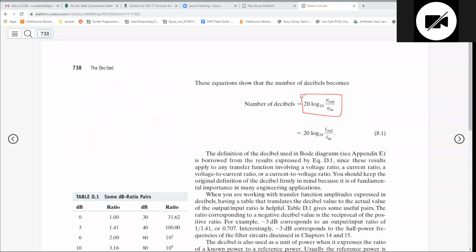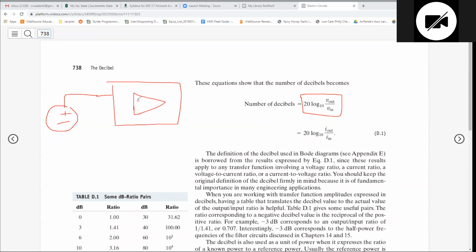Now, how do we use this? Let's say we had a circuit, and let's just make it real easy. We have a source, and I don't want to get too much into details, but let's say we had an amplifier circuit.